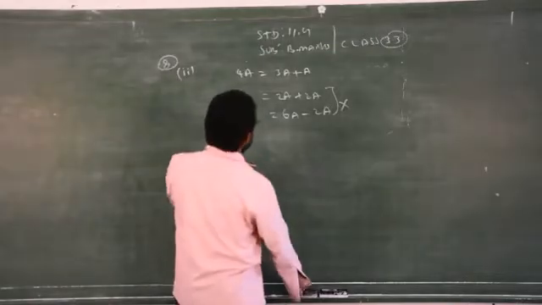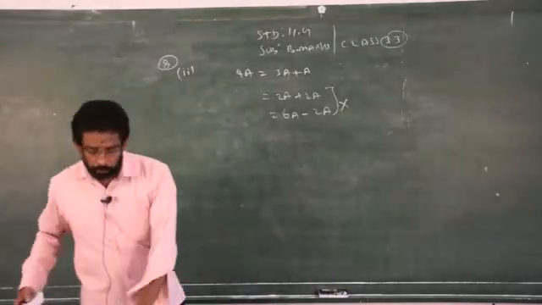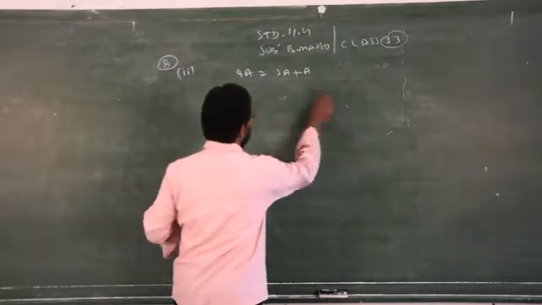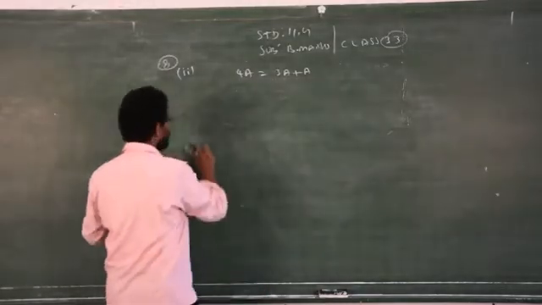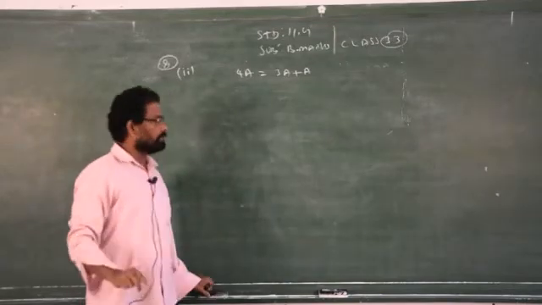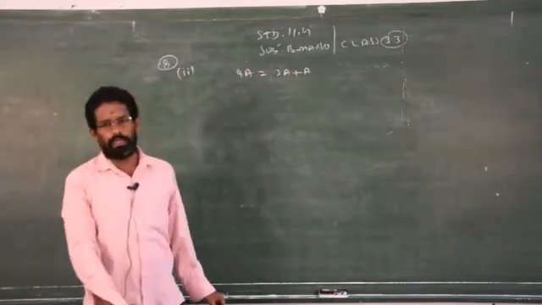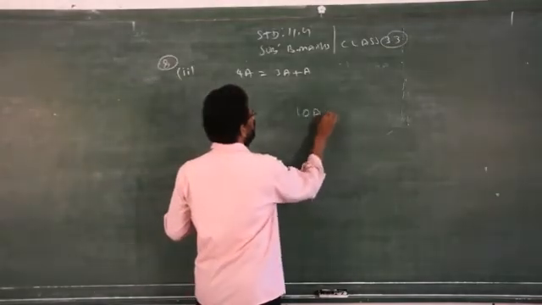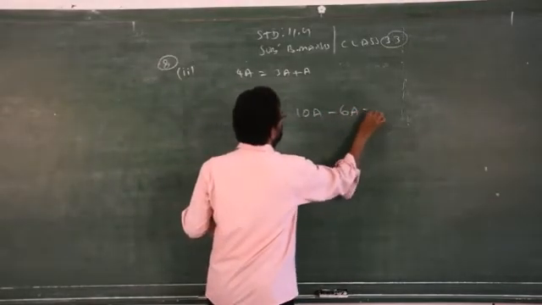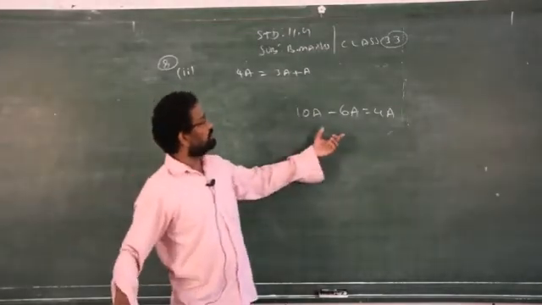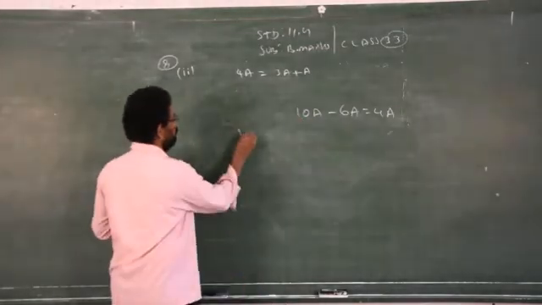But you have to select yourself, depending upon the condition given in the question. It is given very clearly only in terms of tan 3a and tan a, therefore you are supposed to express 4a only in terms of 3a and a. You are not allowed to use something like 10a minus 6a. Sir, this is also 4a, why don't we use this combination? You can use that combination only if it is given to simply find the value of tan 4a.